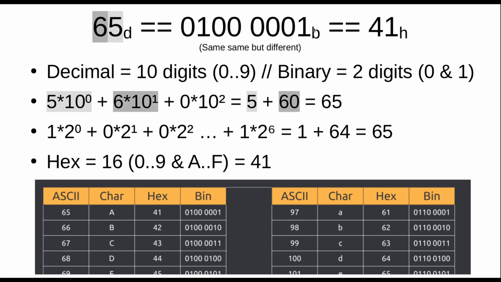And now, to make things even more complicated, we add the hexadecimal system, where you have 16 possible digits.